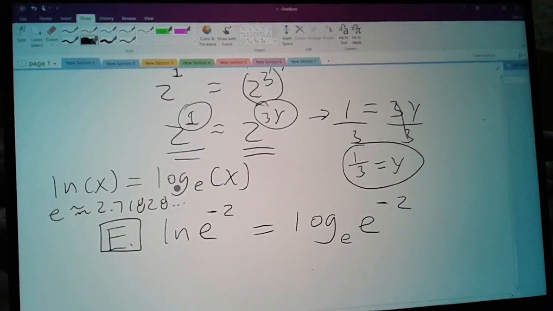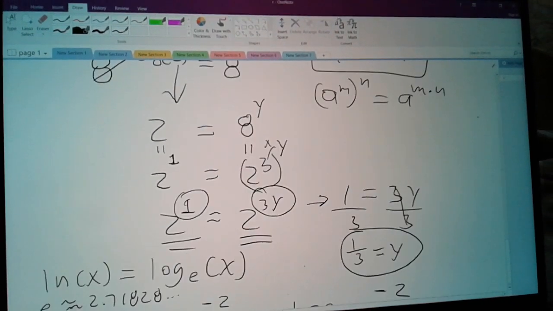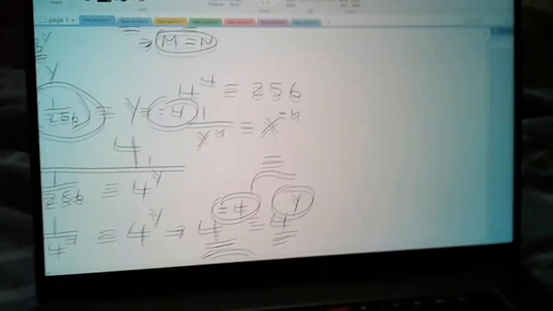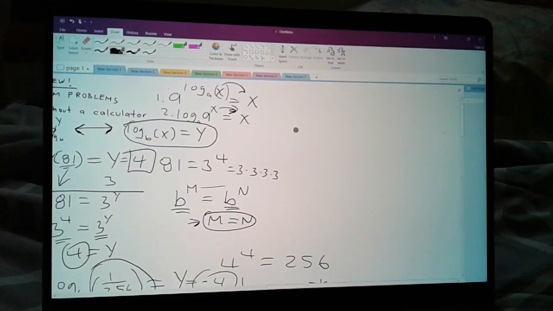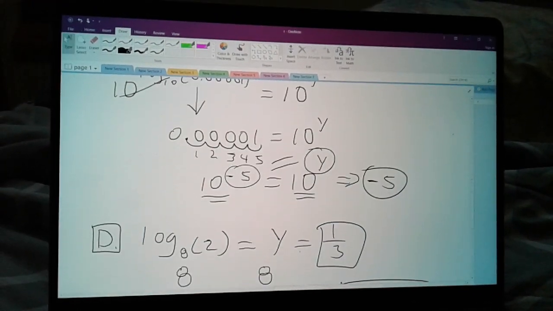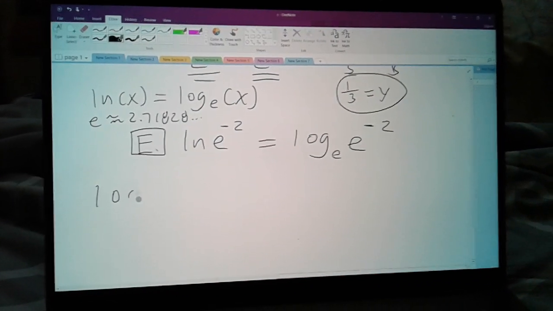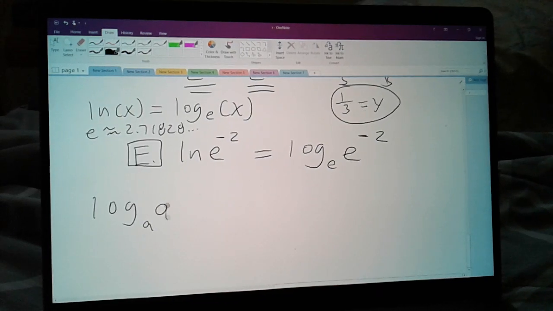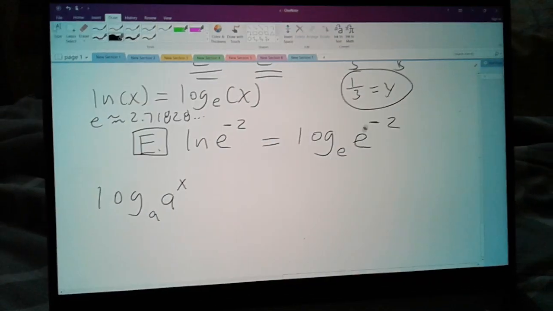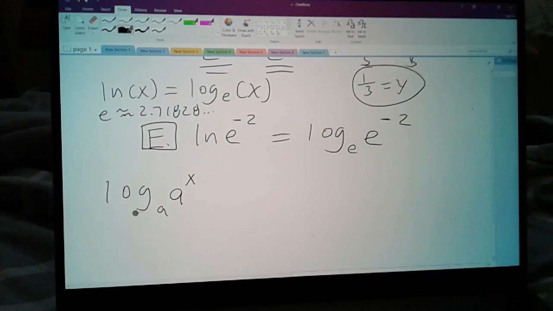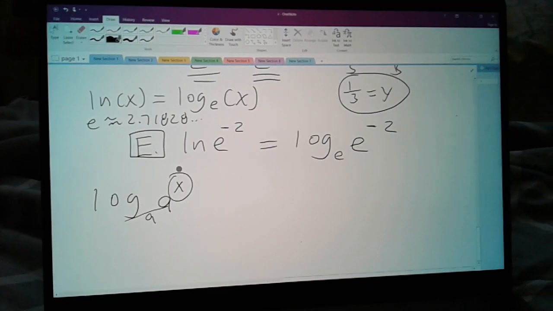So that property I wrote on top, where if you take a log, let me just write it down over here better. It's kind of sloppy, but if I have the log of a to the x, I'm in the same boat as I am here, right? These are going to cancel out, so I'm just going to get the power.